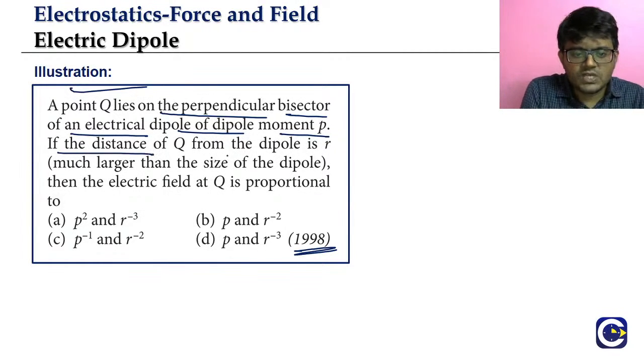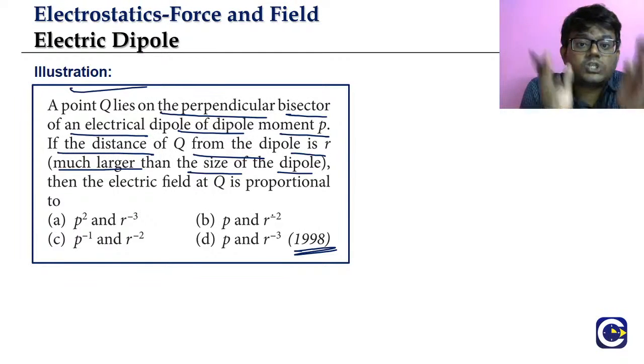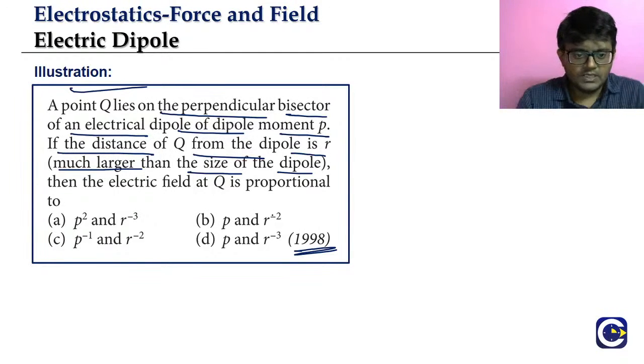If the distance of q from the dipole is r, look at what they have said, this is much larger than the size of the dipole. Okay, so what should we assume? We should assume that the dipole is a short dipole.